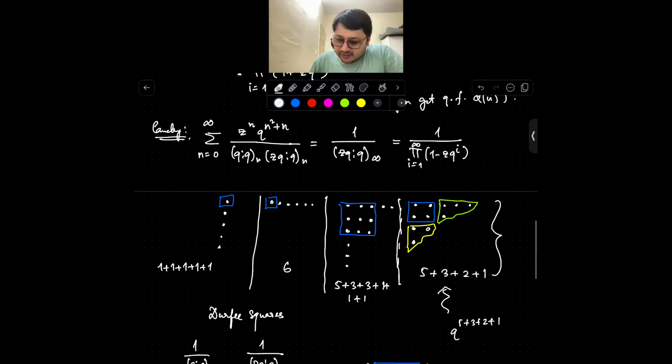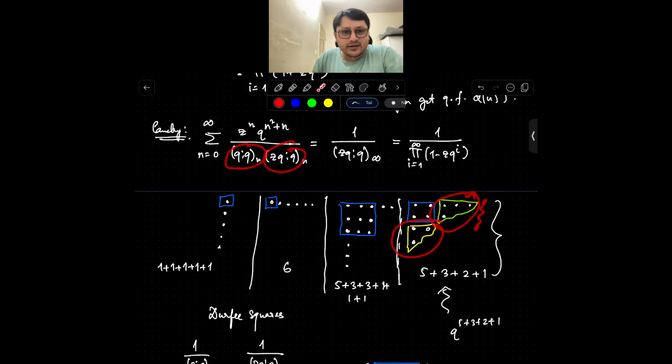Okay. So I'm going to explain it. This 1 over (q;q)_n, you can think of it as coming from this yellow part, where we are not keeping track of the number of parts. And the Z(q;q)_infinity is coming from this green part, where we're keeping track of the number of parts. So basically this whole thing we're keeping track of.